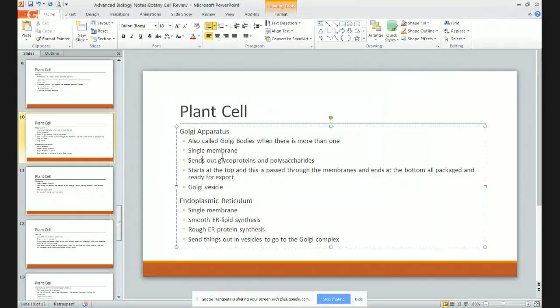Then the Golgi will pinch off a portion of its membrane into what's called a Golgi vesicle, and your glycoprotein or polysaccharide will be inside of this Golgi vesicle and will be sent wherever it needs to go, whether it's out into the cell somewhere or to be exported through exocytosis outside of the cell. Remember, exocytosis is the active transport of moving something outside the cell.